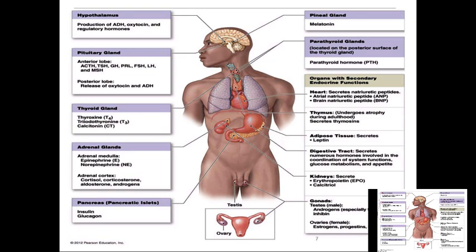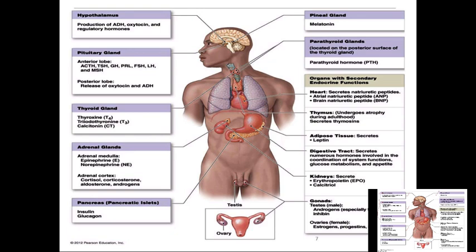So the hypothalamus and the pituitary are within the brain, as is, to the right, the pineal gland. So there's overlap because when we talk about the neural system, we do mention these parts, but they're linked to the endocrine system as well. The hypothalamus produces ADH, which is antidiuretic hormone.